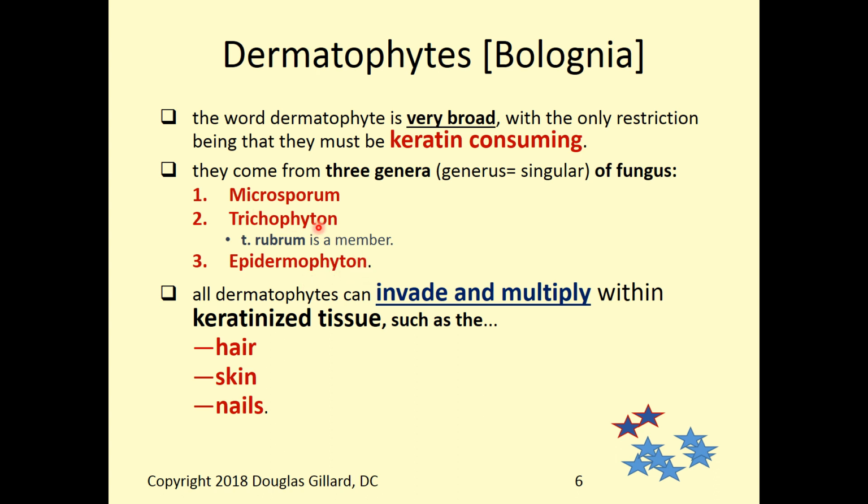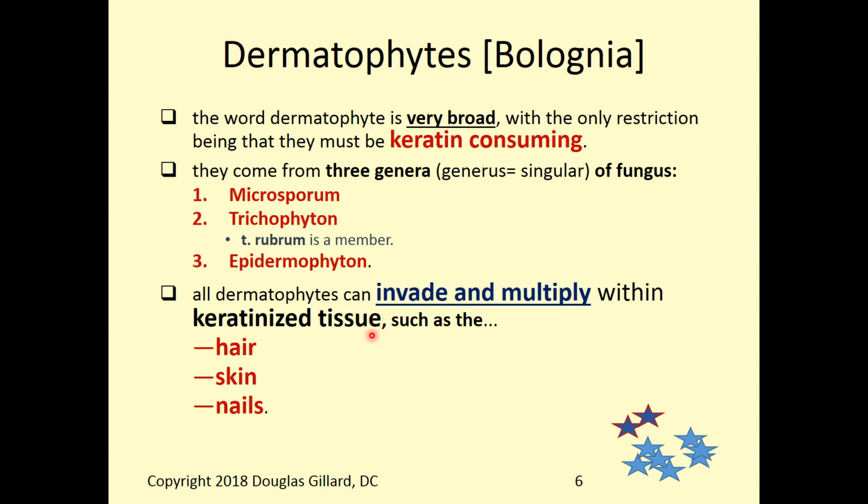By far the most common class is Trichophyton, and that brings us to the star of the bugs, and that's Trichophyton rubrum, or we're just going to call it T. rubrum. That's by far the major player in this one. All of the dermatophytes, however, can invade and multiply within keratinized tissue.